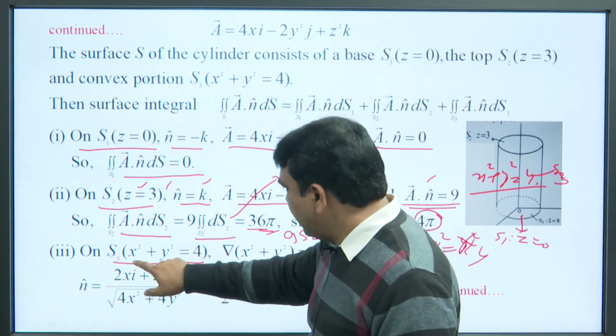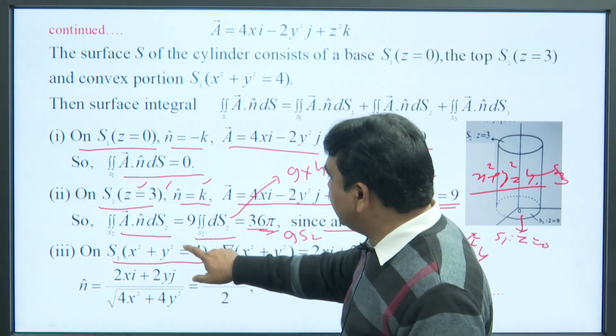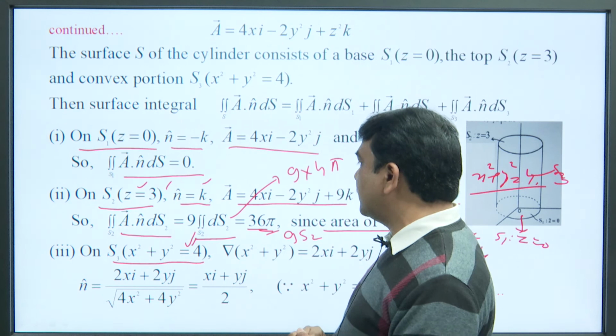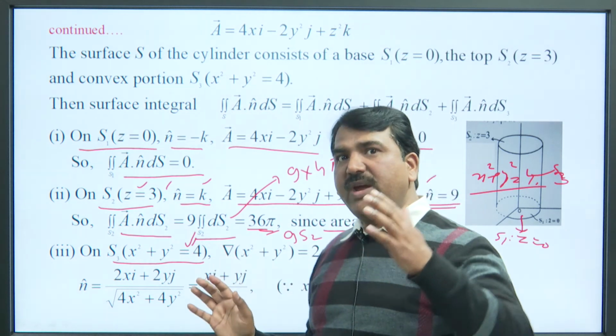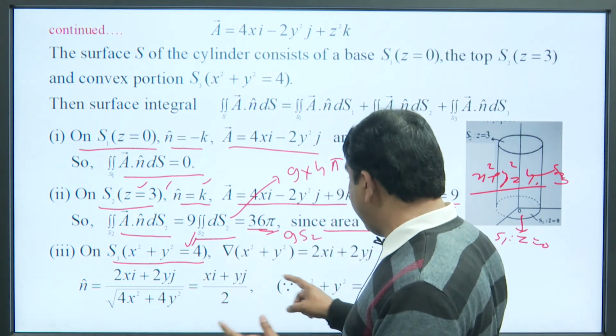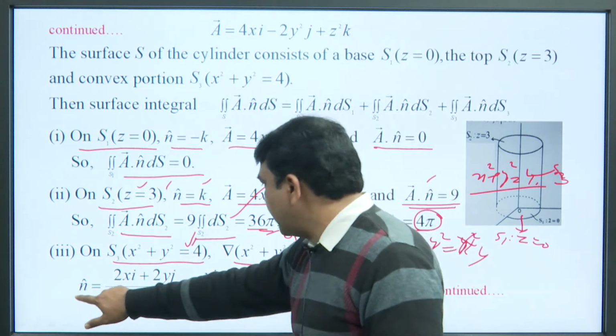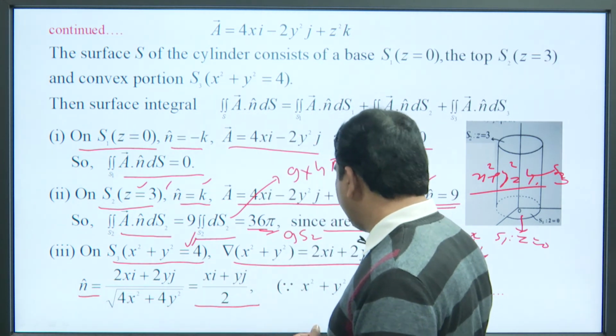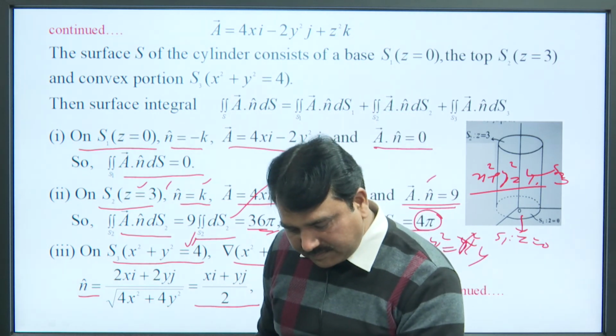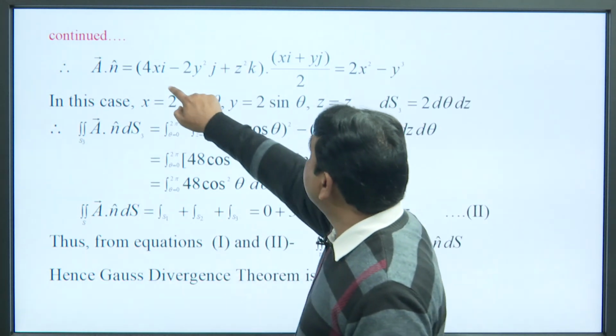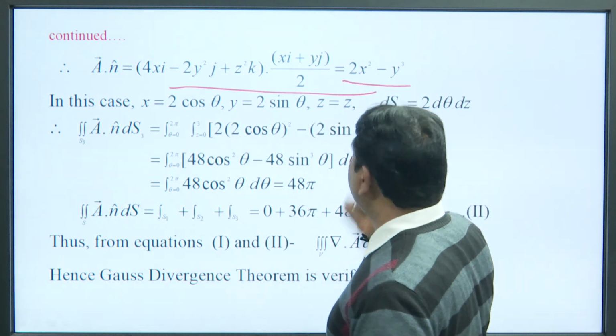On S3, S3 is this one, x square plus y square equal to 4. For this we have to find n by using the gradient of this. So, the unit normal vector n cap is equal to this one, and then A dot n becomes 2x square minus y cube.